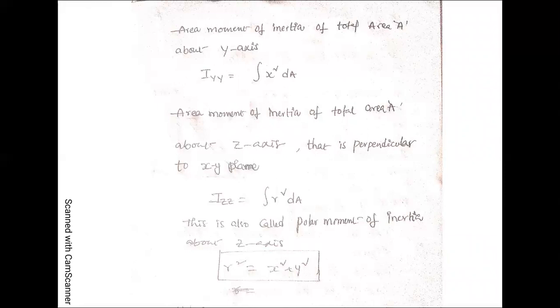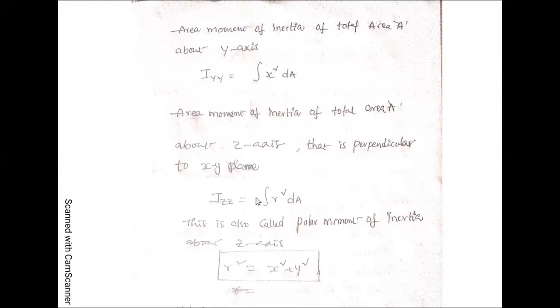Similarly, for the same area we have one more axis, that is the z-axis. This is perpendicular to the xy plane. So the moment of inertia about this z-axis: the distance between the z-axis and this centroid is r. So integral r square dA is the moment of inertia about the z-axis.